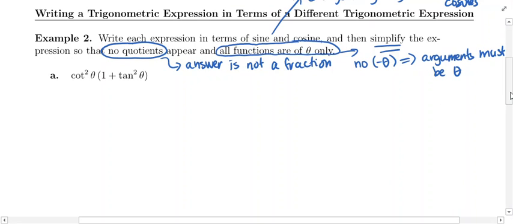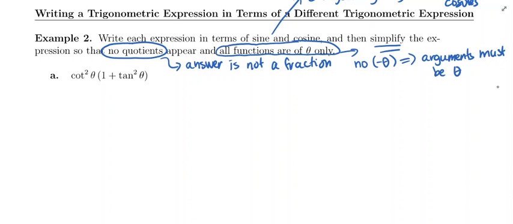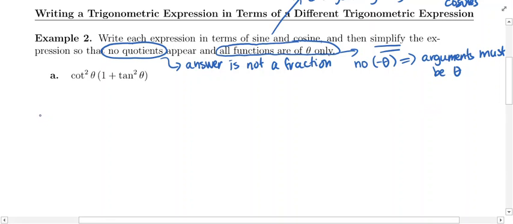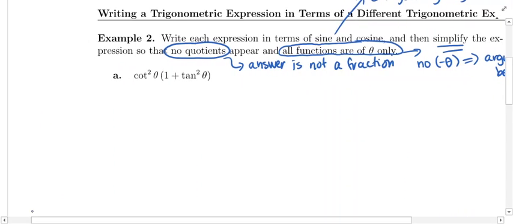So let's try the one in part A. We have cotangent squared of theta times 1 plus the tangent squared of theta. We are going to take the advice of the instructions here, and I'm first going to change everything over to sine and cosine. I'm going to start with the cotangent squared of theta. We know that cotangent is the same thing as cosine over sine, so we're going to write this as the cosine squared of theta over the sine squared of theta.